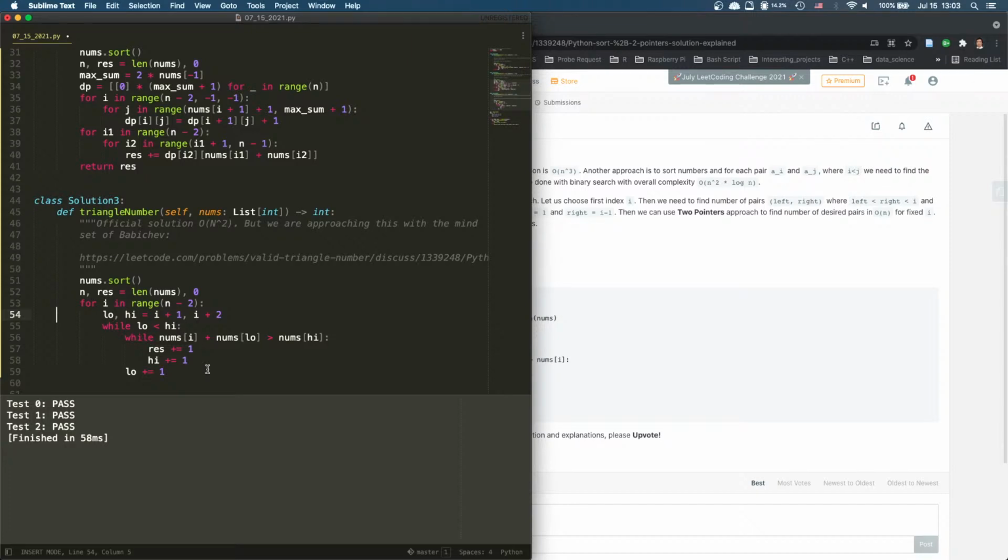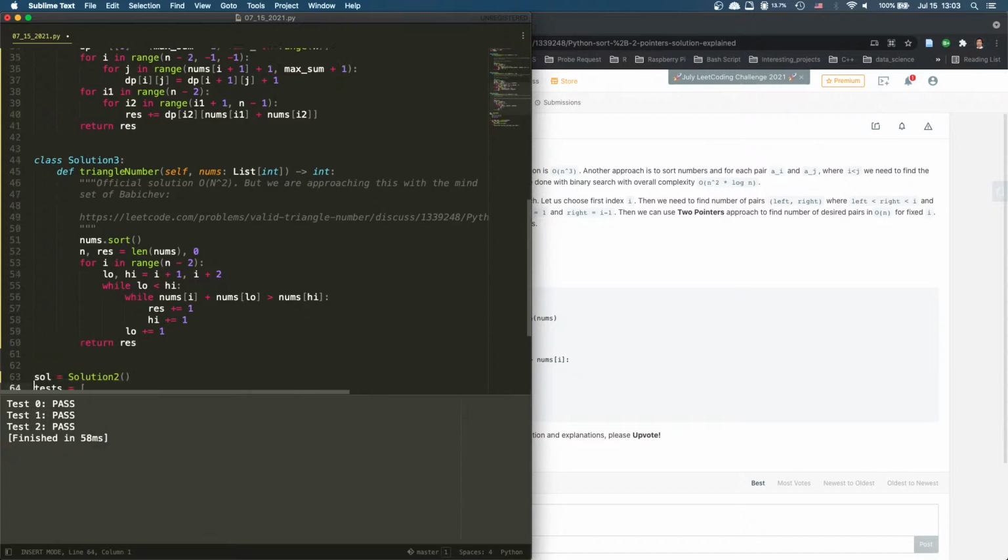That means it's too challenging, so we move the low, and then we go through that again. Eventually this ends when low and high meet each other, and then we go on to the next iteration. So we're going to return res.